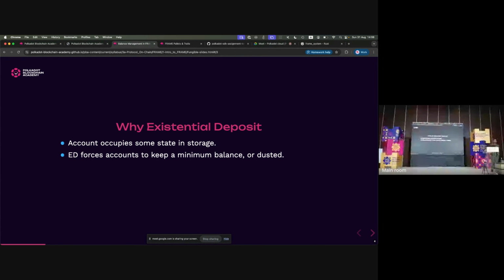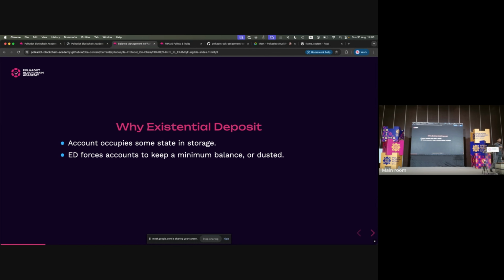So yeah, existential deposit is to preserve our accounts, so they are in the state. They have some deposit, so they are not deleted from the state. But why do we even need it? I think Ethereum does not enforce this, right? Solana does.